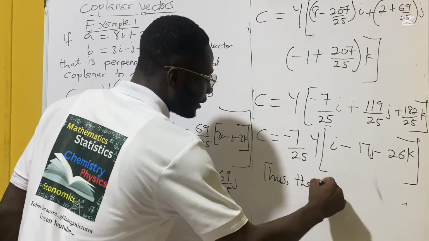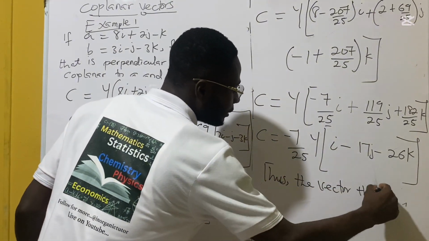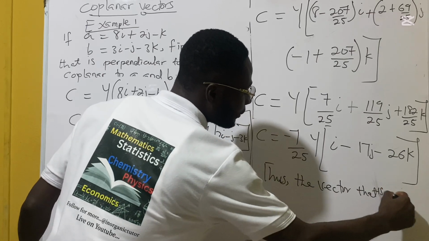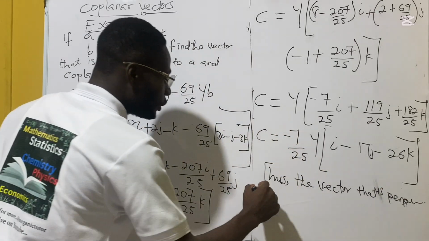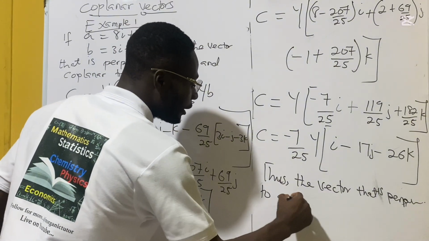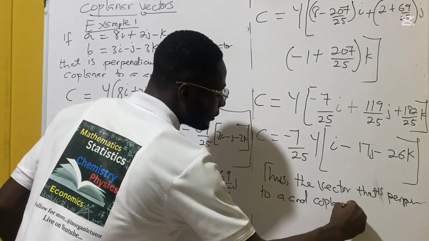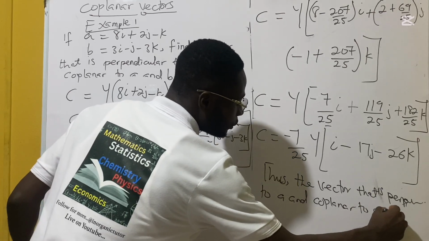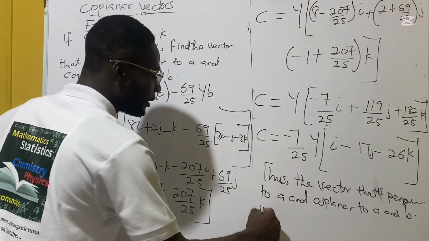Okay, so the vector that is perpendicular to A and coplanar to A and B is given above.